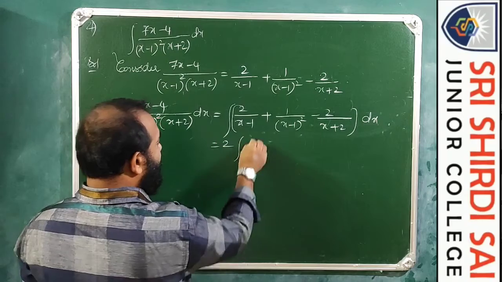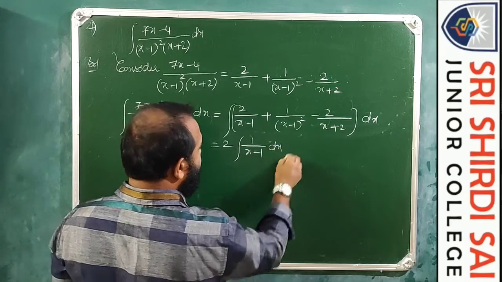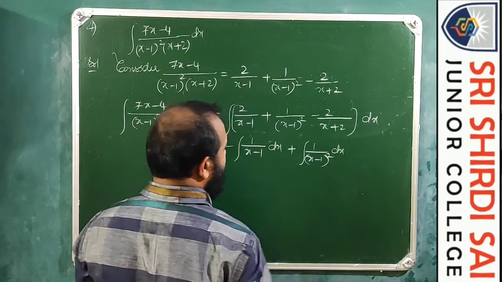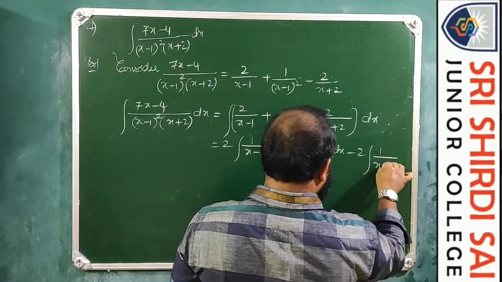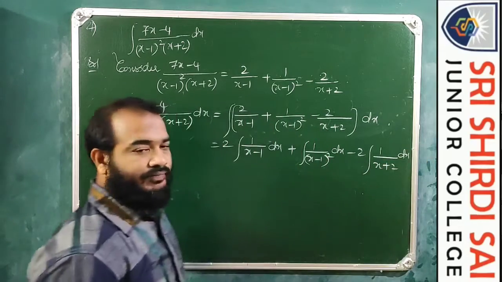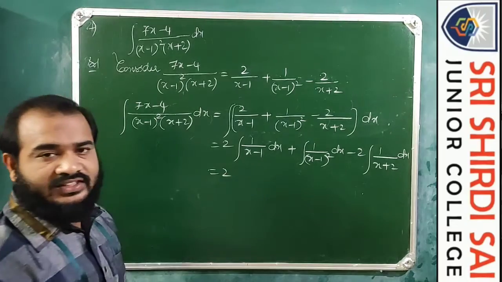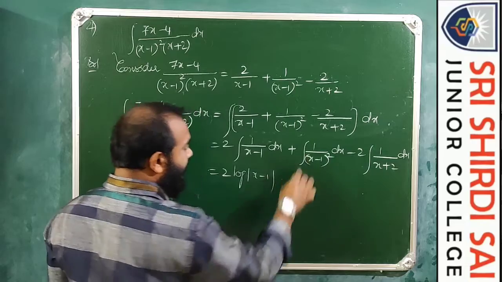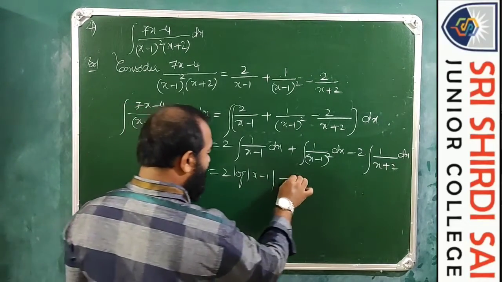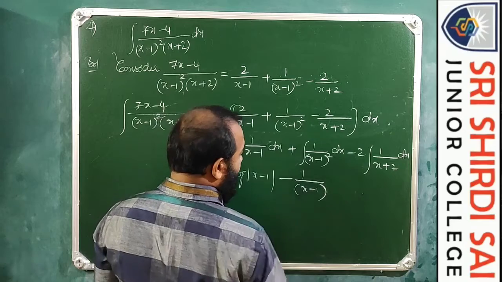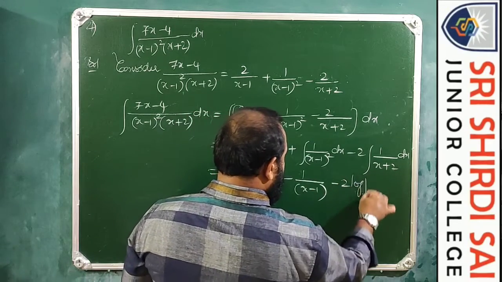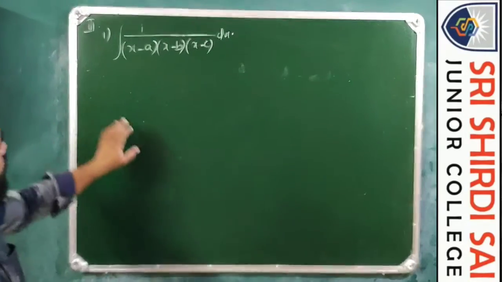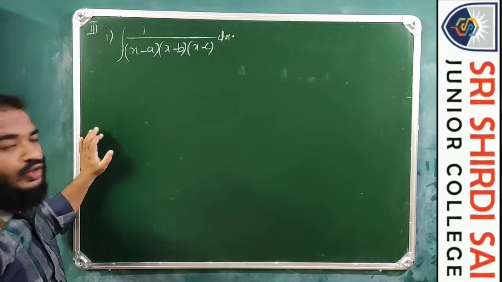So 2 I will separate from the integration: integral 1 / (x - 1) dx plus integral 1 / (x - 1)^2 dx minus 2 integral 1 / (x + 2) dx. So integral 1 / x dx is log mod x, so this is log modulus of (x - 1). Integral 1 / x^2 is -1 / x. So therefore this is -1 / (x - 1) minus 2 log |x + 2| plus constant of integration C.